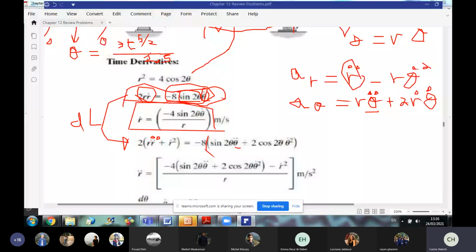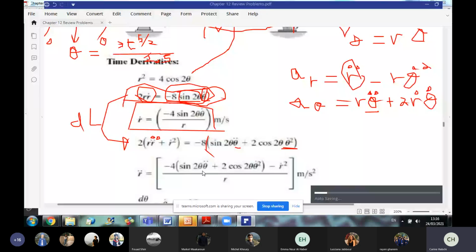And the second term is u prime v. The derivative of sine 2 theta with respect to time is cosine 2 theta times theta dot, and you have again times theta dot, so you end up with cosine 2 theta times theta dot square. So in this case, the only unknown in this equation will be r dot dot. You will be able to express r dot dot function of all the other variables, theta, theta dot dot, and r dot. Now, how to get theta dot dot?